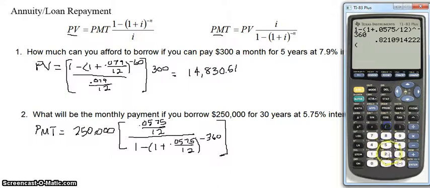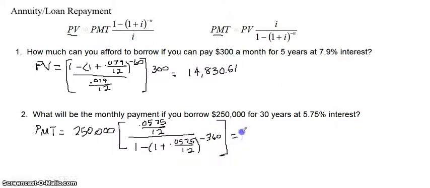Then I would do parentheses 0.0575 over 12, divided by that answer. If you do second and then answer, it'll put that on the bottom of the fraction. Then you can take that whole thing and multiply by 250,000. It's not the only way to do it, but it's one way that'll work. And you get $1458.93. That would be your monthly payment.